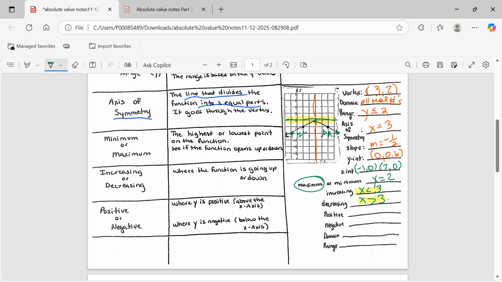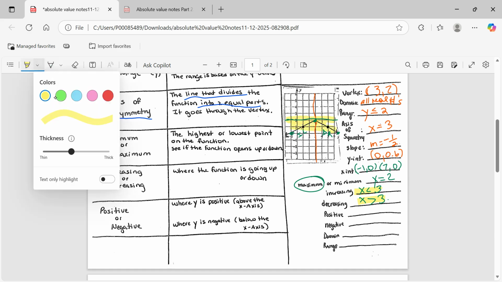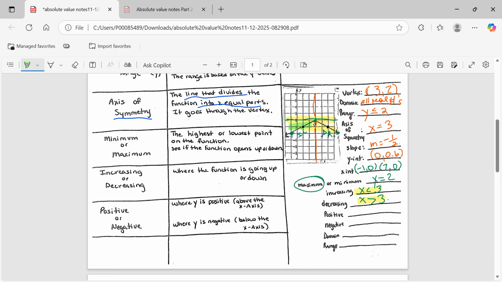All right. It's going to be positive above the x-axis, all of the different color. It's going to be positive all of this part up here. And so it's going to be positive between negative 1 and 7. It's where your x is between them, and your alligator chomps to the right.